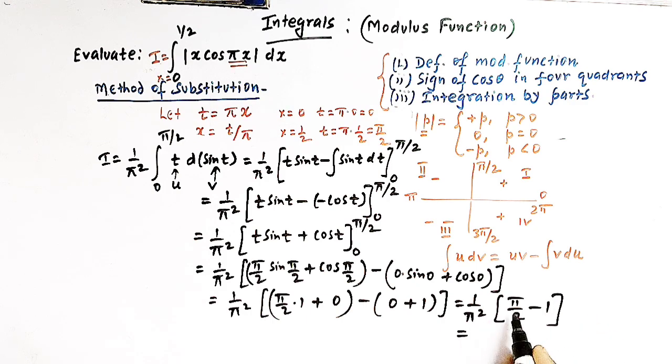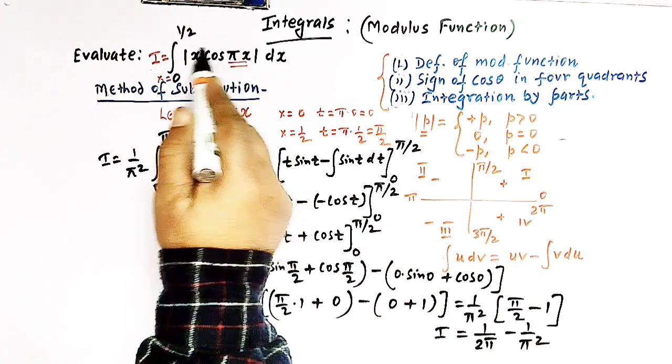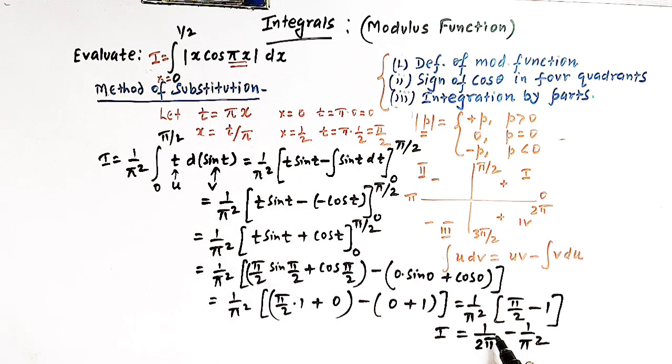Okay, so now multiplying these two terms by 1 over pi square, we have simply 1 over 2 pi, and here we have minus 1 over pi square, right? So viewers, the value of this integral is equal to 1 over 2 pi minus 1 over pi square.